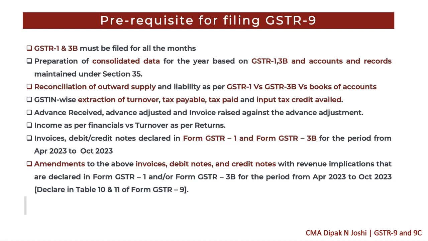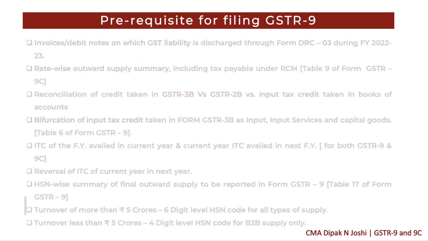Similarly, if a registered person has reported any amendment in respect of invoices pertaining to financial year 22-23 till filing of return for the month of October 2023, then those details are also required to be prepared before furnishing details in GSTR 9 and 9C, because table 10 and table 11 of GSTR 9 is based on such amendments.